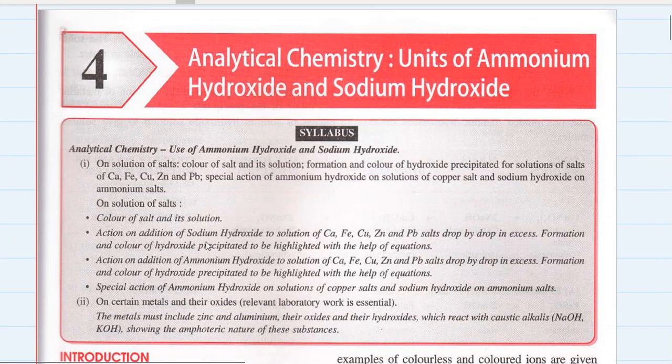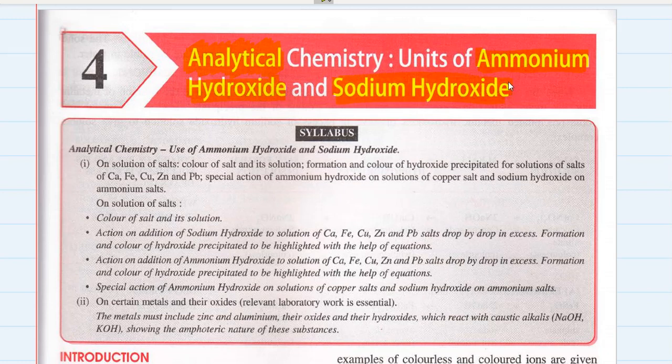So, the word analytical comes from the term analysis. So you need to analyze certain chemical reaction using two very important reagents, ammonium hydroxide, which is a weak base, and sodium hydroxide, which is a strong base or a strong alkali.